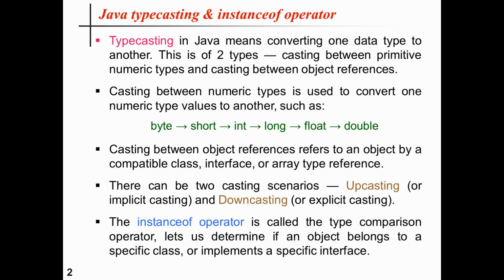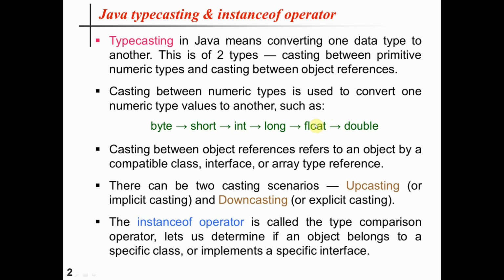If I am following these numeric types, as we go to the right hand side, double is considered to be a wider data type with respect to int. That means as you move to the left hand side, the data type will be narrower. As you move to the right hand side, it indicates a wider data type.